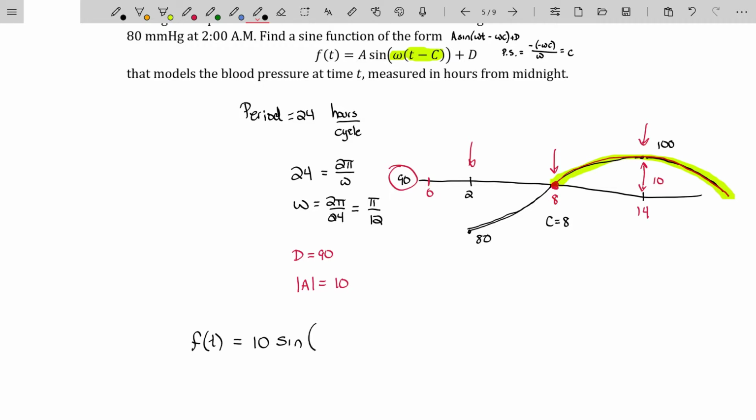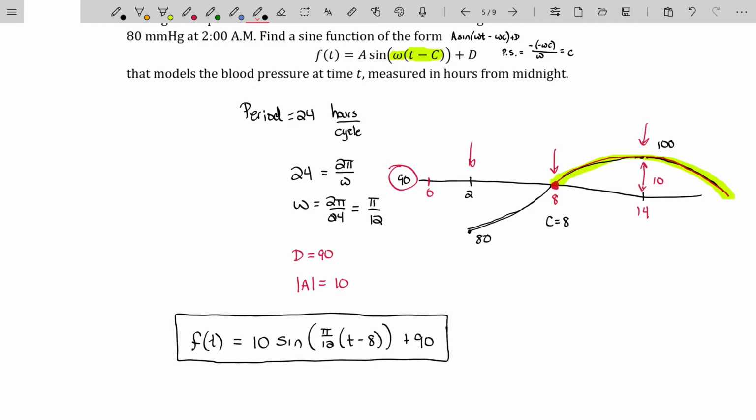We have sine of omega, which we've already found to be pi over 12, times t minus the phase shift, which is 8, and then plus d, and d was 90. That is a model for the blood pressure at any given moment throughout the day. It's not going to be super accurate, but accurate enough to get away with it.